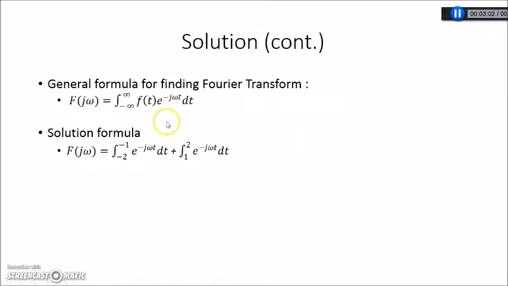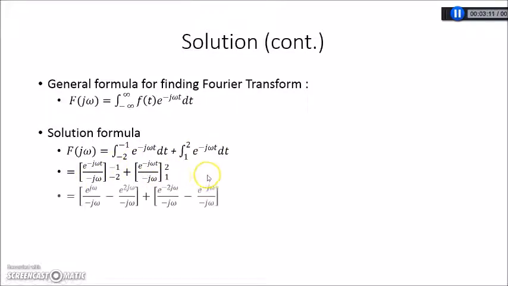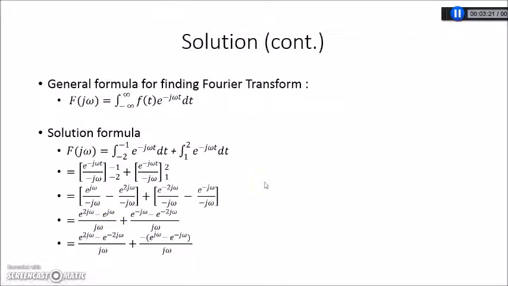Once we have found this, we start integrating. As you can see here, we start to integrate. Here are the steps shown. As you proceed, if you notice, we sort by the powers.